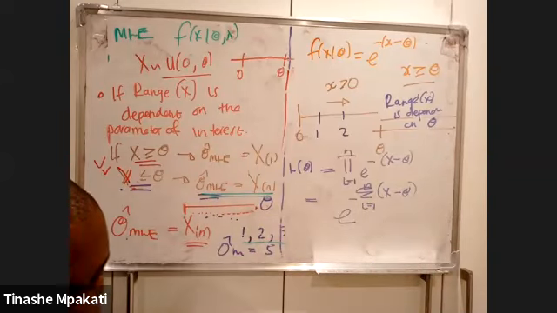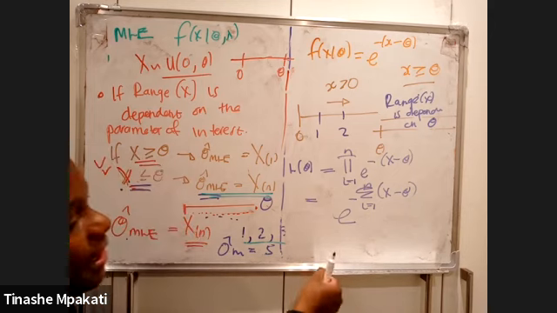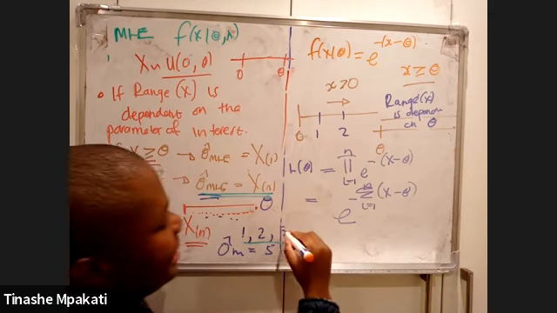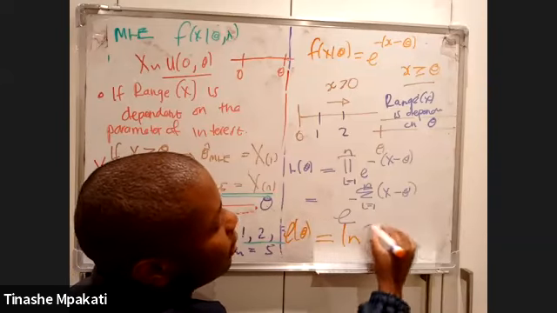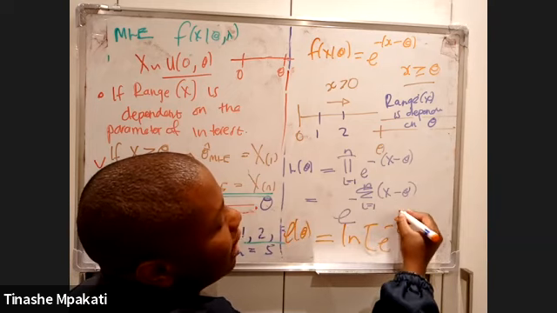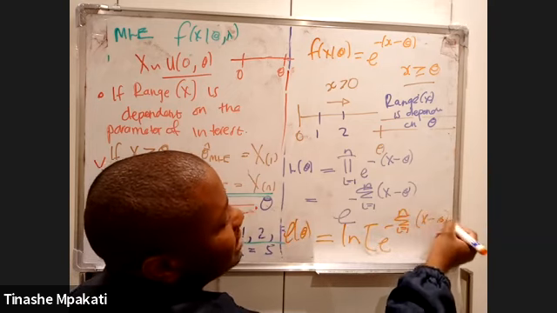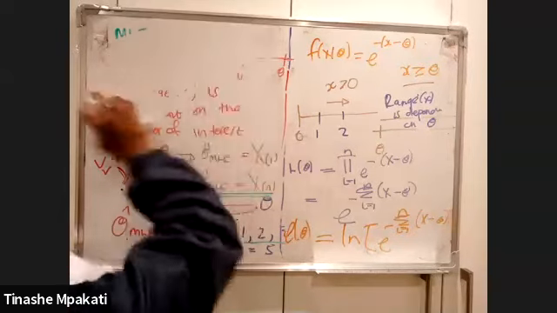Now the next step is for me to distribute this summation sign, right? Before I even go there, let's take our log likelihood function, which is simply just going to be ln of e to the power minus the summation from i equal to 1 to n of our x minus theta, like that. Okay.